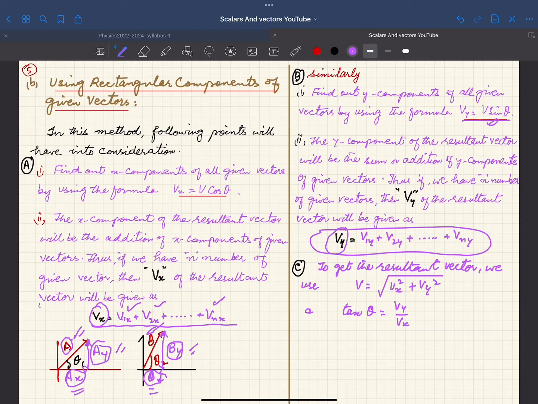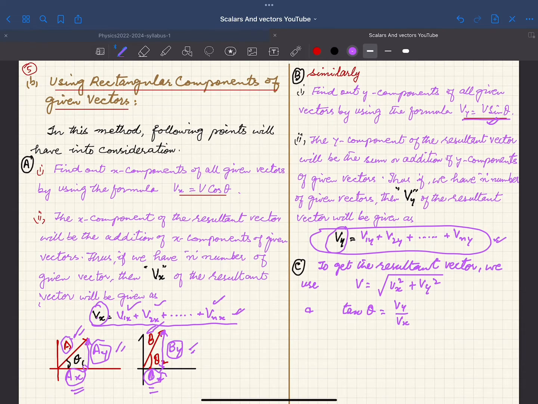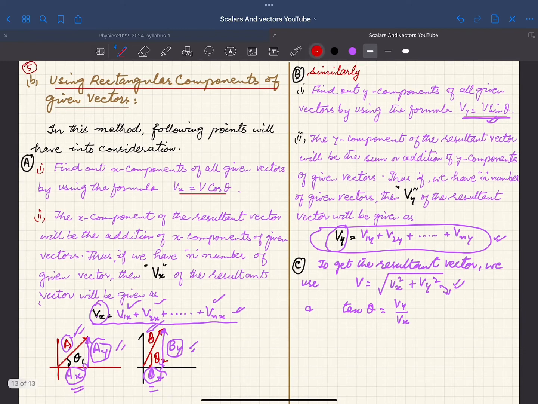So as you now have the x component and y component of the resultant vector, which you get from their respective components, you can use this formula, V is equal to the square root of Vx squared plus Vy squared, for the magnitude, as we have done before, and this formula for the angle of the resultant vector.